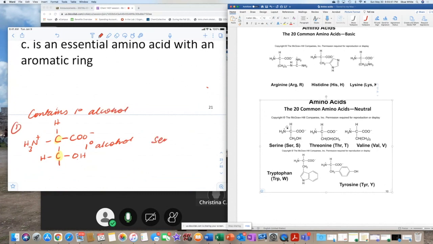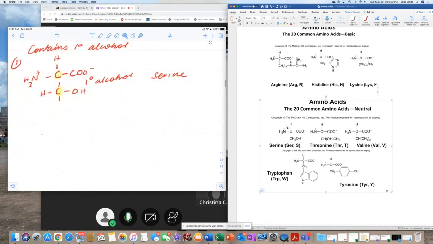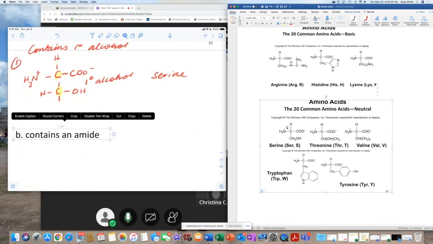And that was serine. The second one I'm looking at says contains amide. So whatever amino acid you select has to contain amide in the structure. So let me put this down here and then find my amino acid. So I'm going to scroll here. I'm looking for the amide side groups, right? The amide is abbreviated CON, or carbonyl nitrogen.